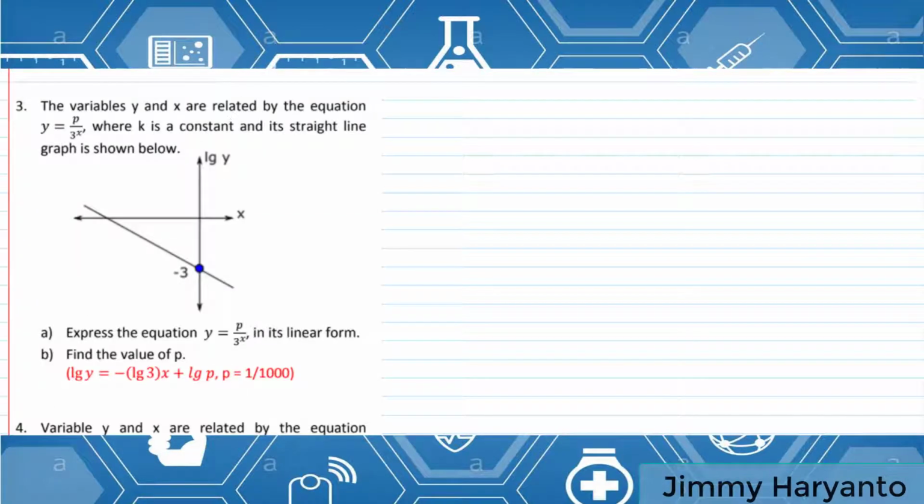Next is number 3. For number 3, I have original equation y equals p over 3 to the power of x. Oh yes, we can. So for this one, we also have an exponential function. So I will add LG on the left side and on the right side, both sides, yeah.